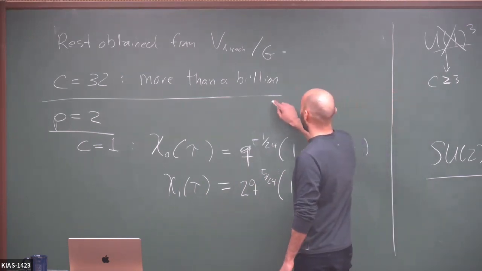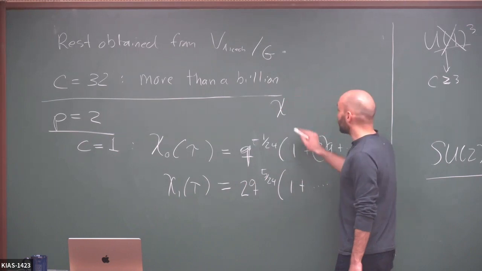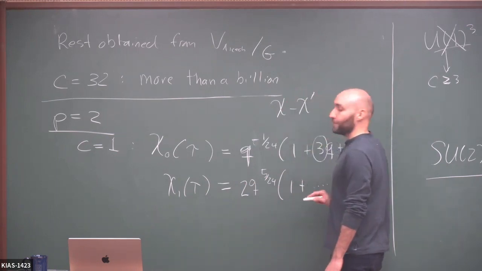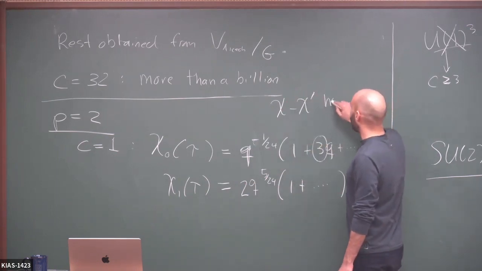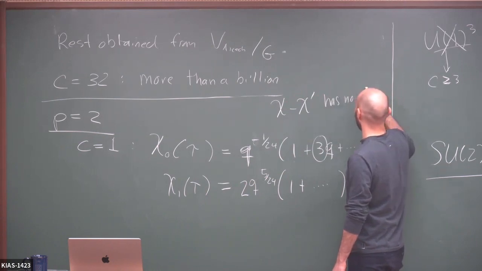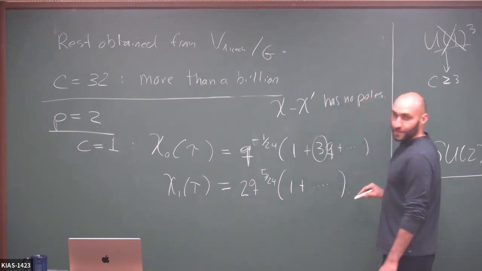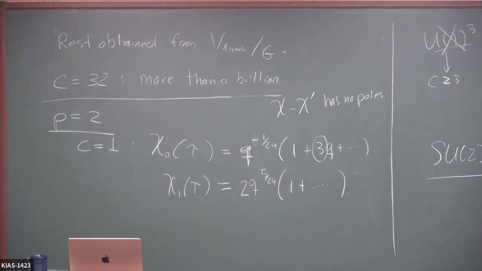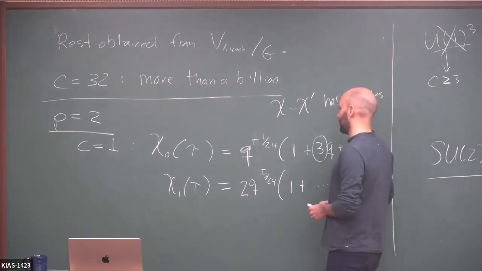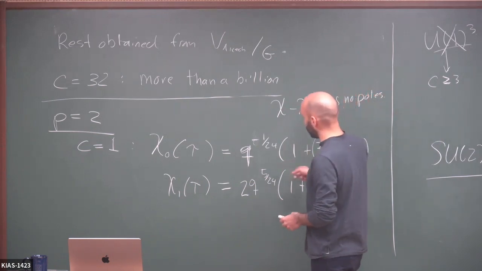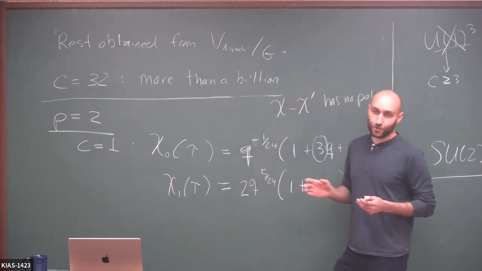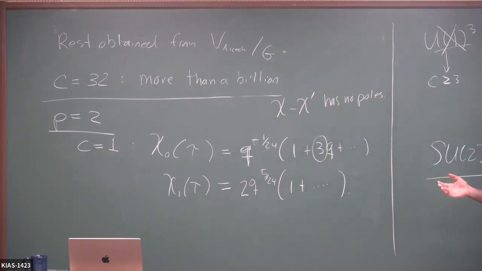Let's call it chi prime. Well, if there was, then you could take the difference of chi and chi prime, and that would have no poles at all. So that would be a weight 0 holomorphic modular form that transforms under this SL2Z representation, and none such forms exist.